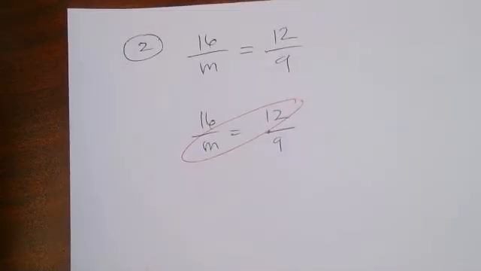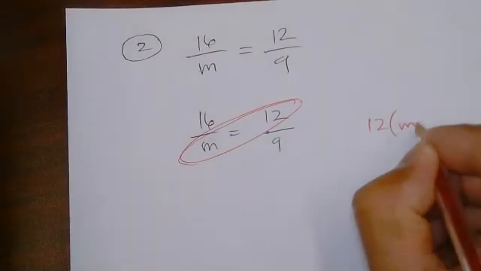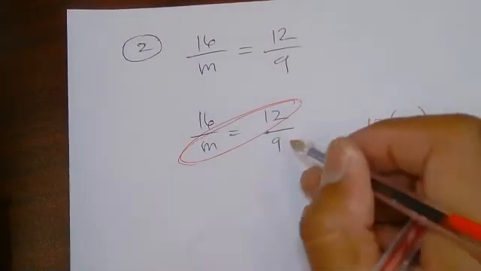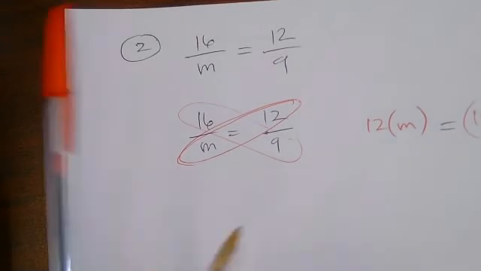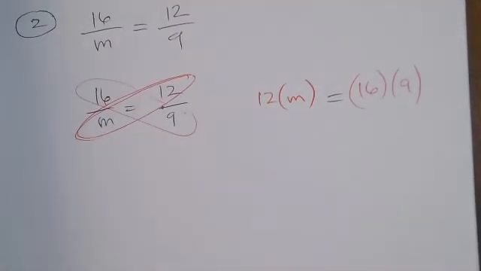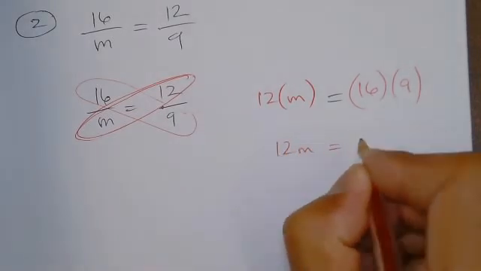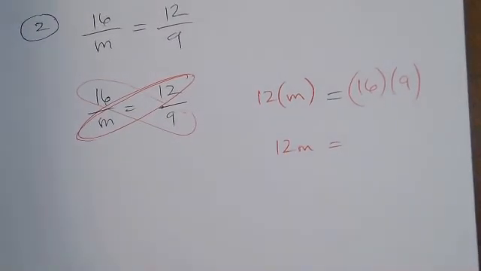Again, look for the variable. I like to cross this way first. Doesn't matter which way you cross multiply first, but I like to start with the one that has the variable, so that's going to be 12 times m, which is 12m equals 16 times 9.